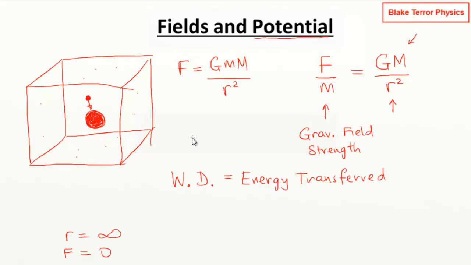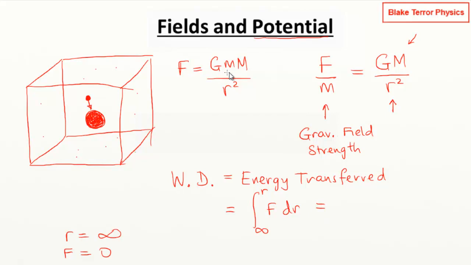So we're going to need to accumulate how the force is changing on this path from infinity to a distance r. So we're going to have to integrate the force over the distance as it moves from a position infinitely far away to a position just r away from the center of the Earth. So we need to perform that integral to see how much work has been done on the object.